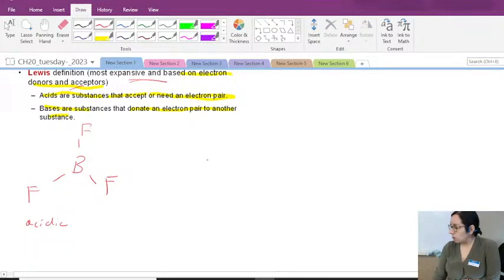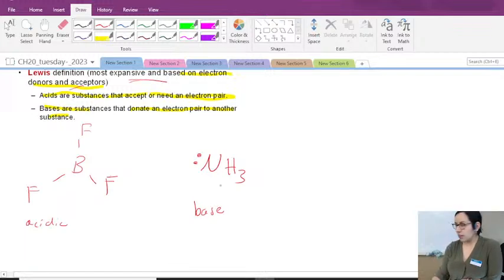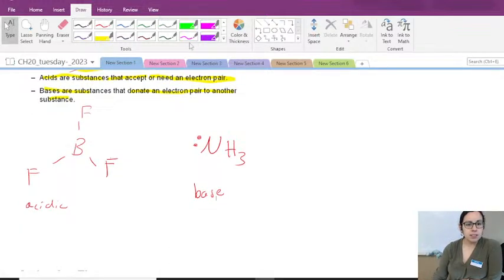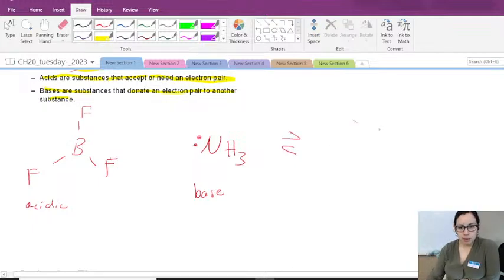But then we can make what's called a Lewis acid-base pair. If we pair it with any sort of nitrogen species, we'll just look at ammonia to keep it simple, ammonia is going to be our base again. Now we can see that they would make this acid-base pair. Nitrogen's going to donate both its electrons to boron.